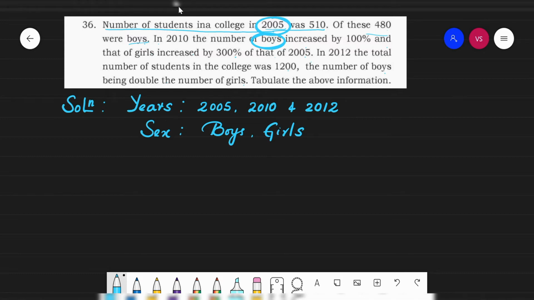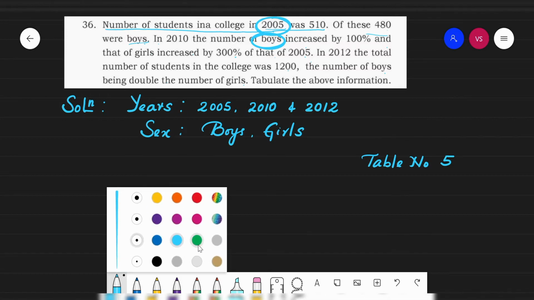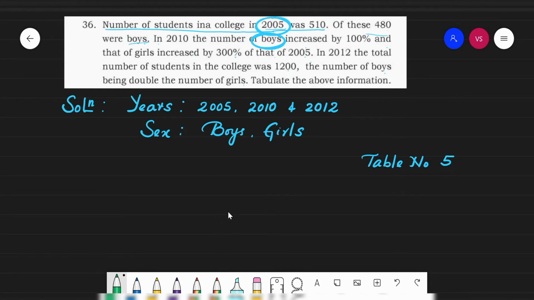So we'll start with the table number. I'll write this table number as 5. Then I will write the title in a different color so that it will be easy for you to understand. What should be the title?